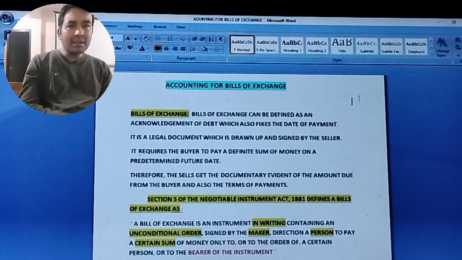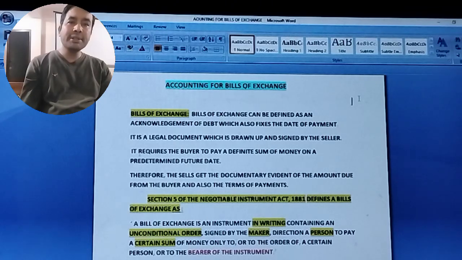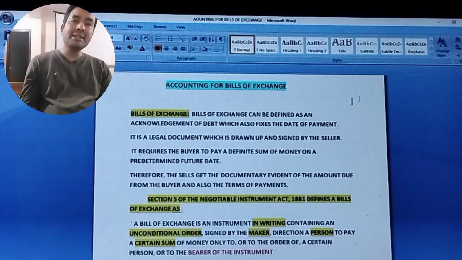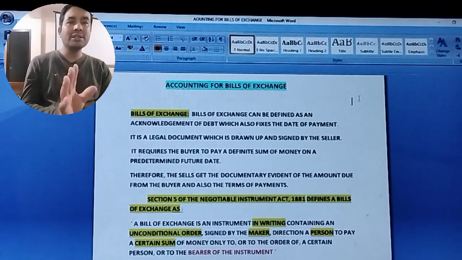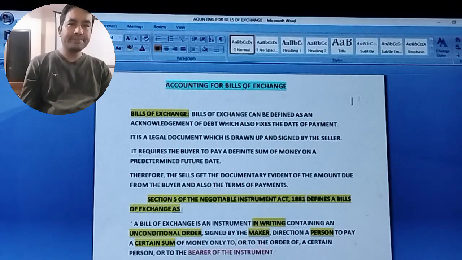But there is a definition of bills of exchange given in the Negotiable Instruments Act 1881. As per section 5 of the Negotiable Instruments Act, bills of exchange is defined as an instrument in writing, that is, it must be in writing, containing an unconditional order.